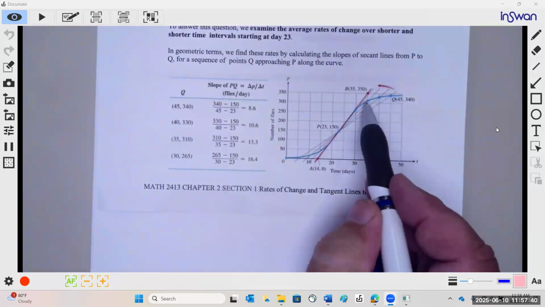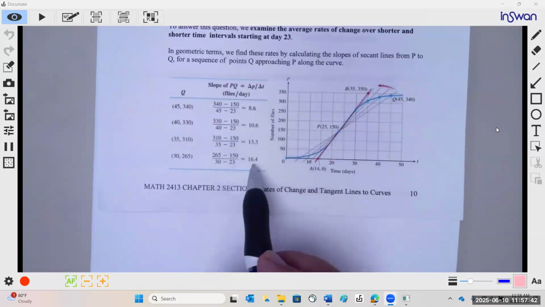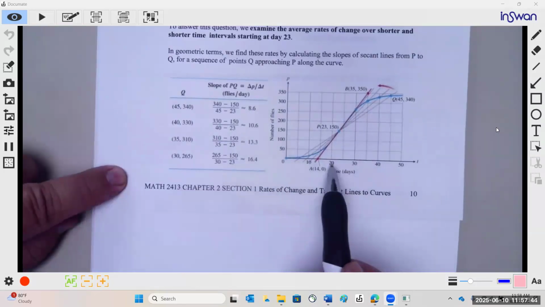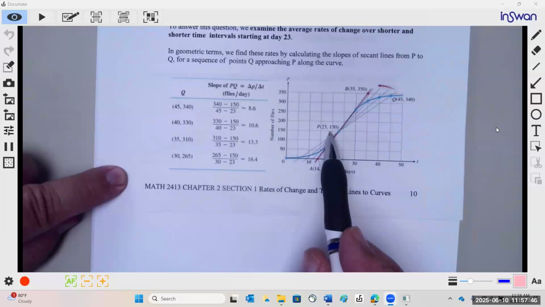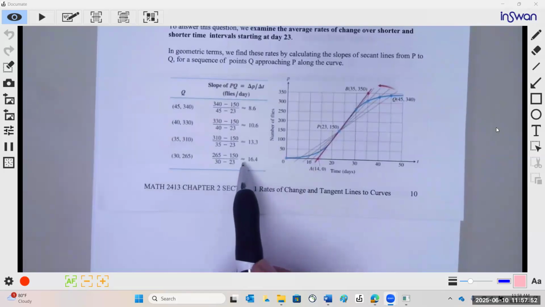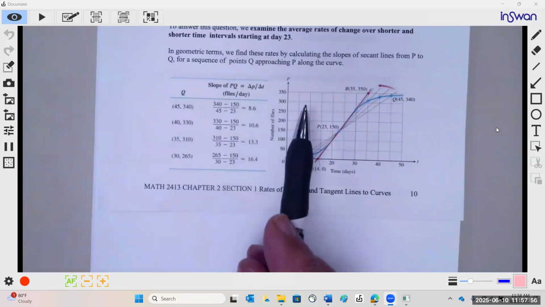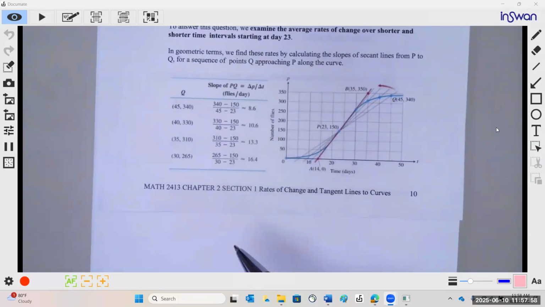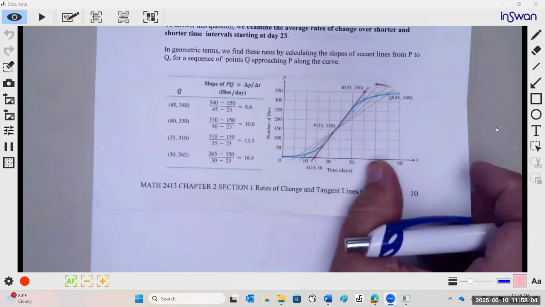You're going to pick these values. You're going to find the slopes. If you notice, the closer we get to our value, the numbers are getting larger. Why are they getting larger? Because the slopes are getting more steep. So that's the way you have to do it.